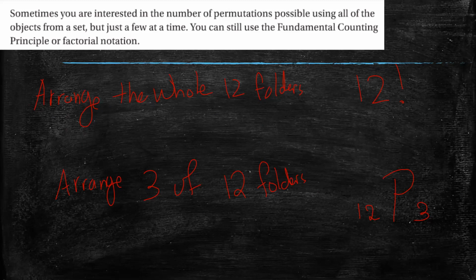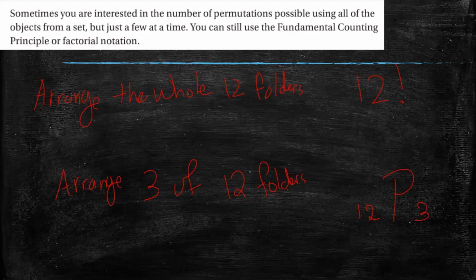If you want to arrange the whole 12 folders, you will say 12 factorial because you want to arrange all of them. Like if I want to come to your class and take all of you in order, 10 girls, I have approximately 3 million ways to arrange you.